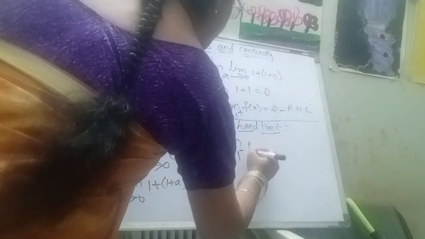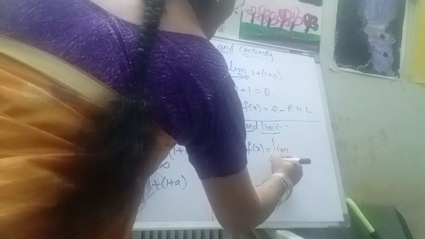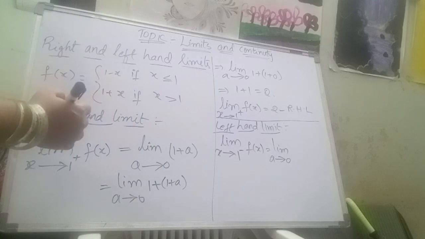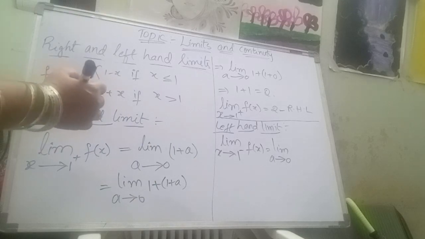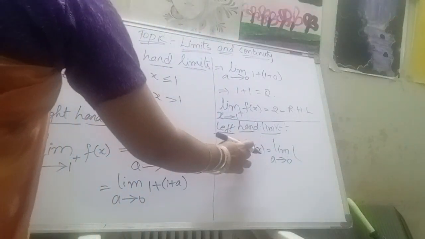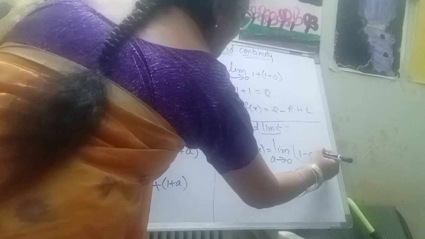Again I am taking one arbitrary variable a tends to 0, and here you take values less than 1, so I write 1 minus a.